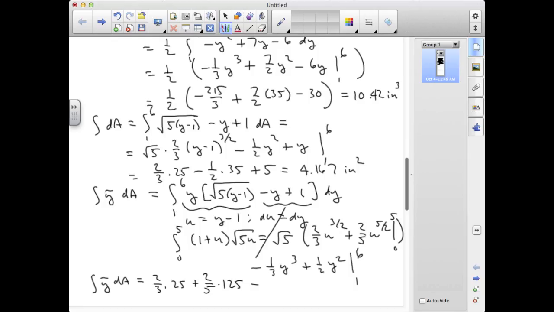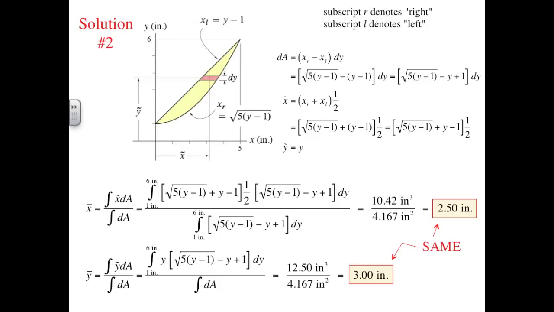And then we end up with minus 1/3 times 215 plus 1/2 times 35 for the second terms. And that also gives us 12.5 inches cubed. So we get exactly the same results for the horizontal strip that we had for the vertical strip.